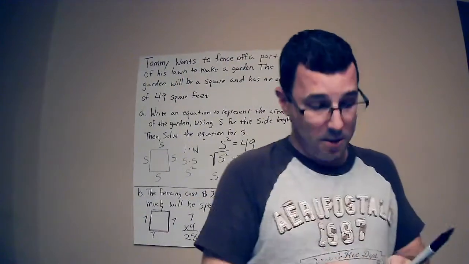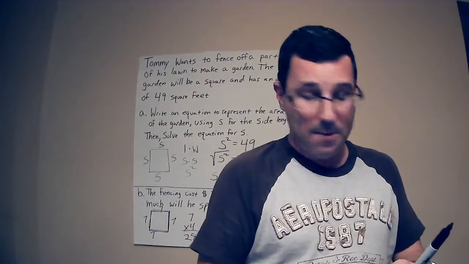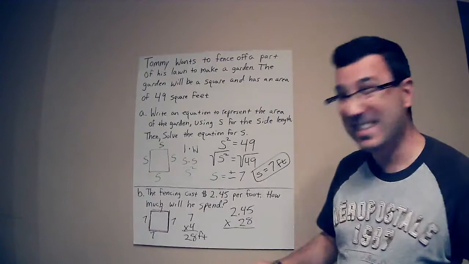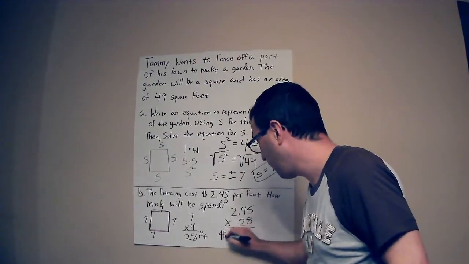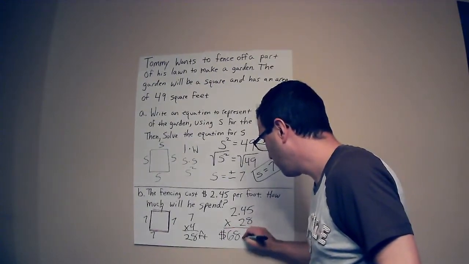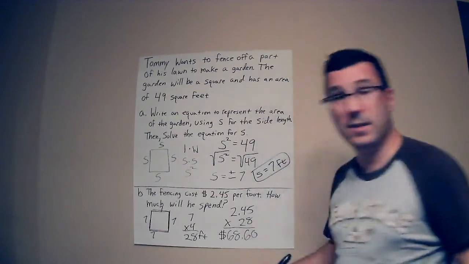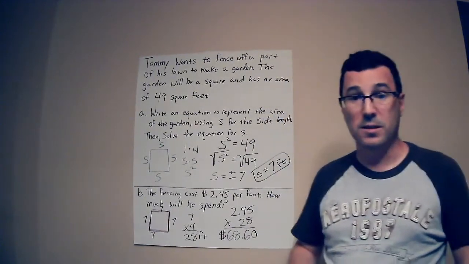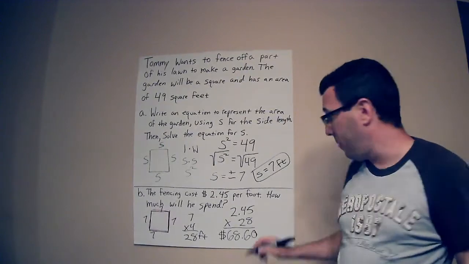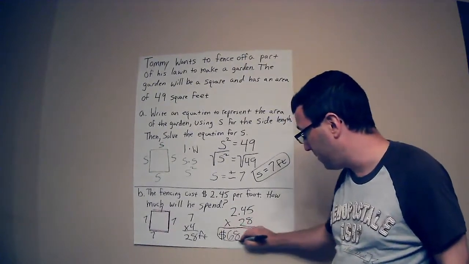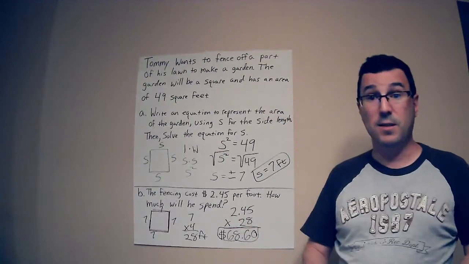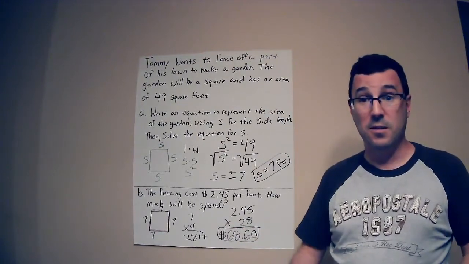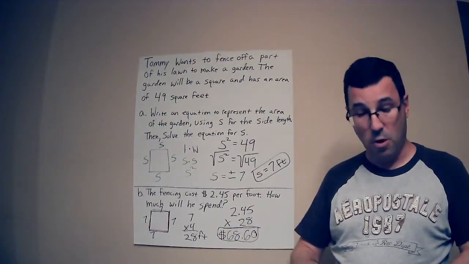Go to the calculator, and we get an answer of $68.60. And that's how you do that problem. So our final answer is, Tommy's going to spend $68.60 to put a fence around his new garden.